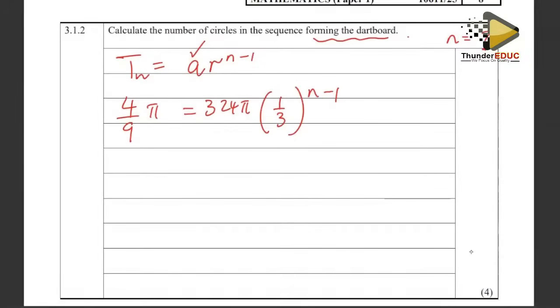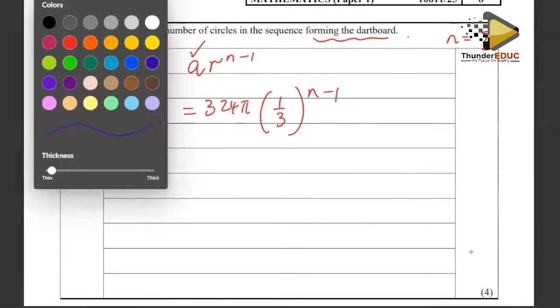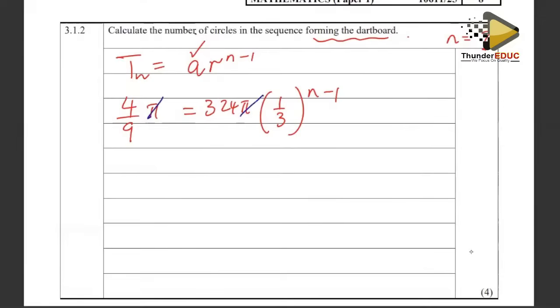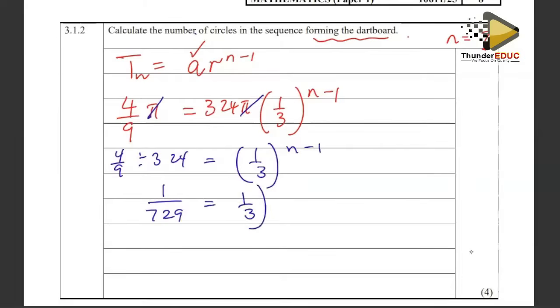Then I can start by cancelling out the pi's on either side. So this cancels that, and then I can divide. So 4/9 divided by 324 should give me 1/3 to the exponent of n minus 1. This gives me 1/729 is equal to 1/3 to the n minus 1.